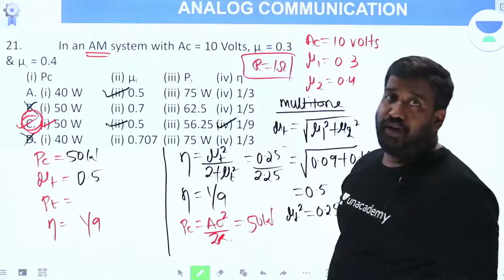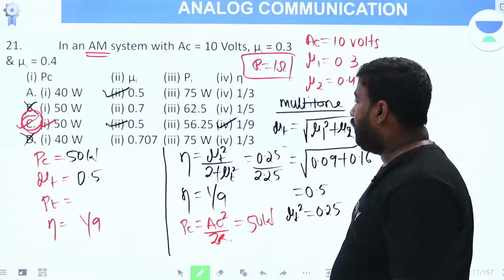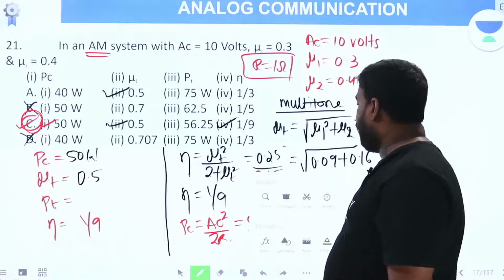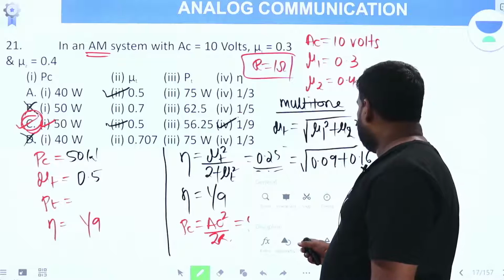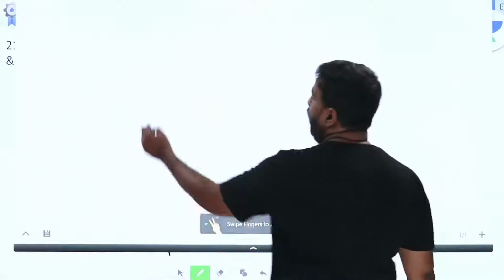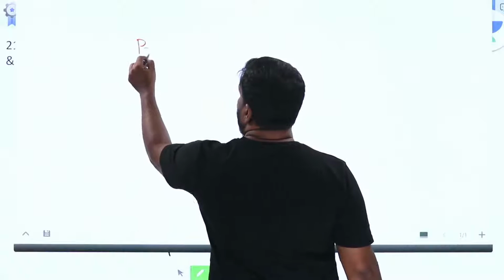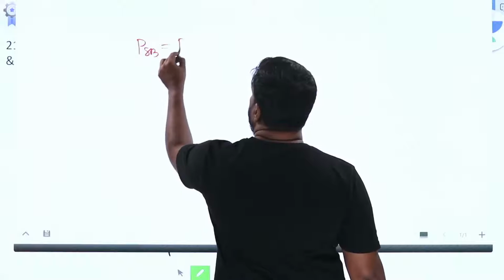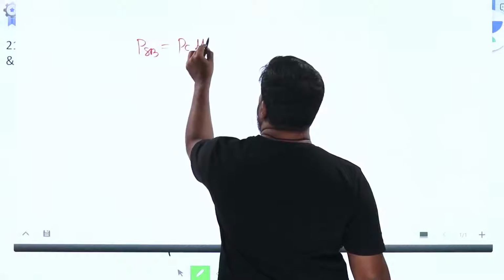You also need to find the total power. To find total power, what is required? You need sideband power. Sideband power is PC into mu square by 2.